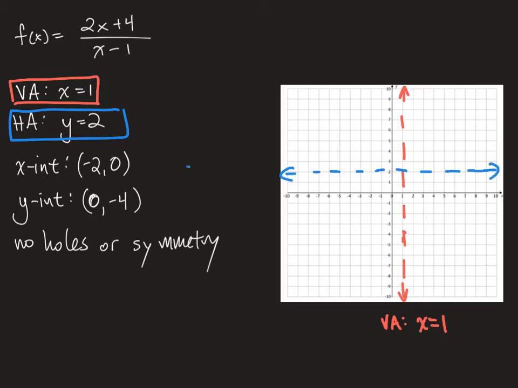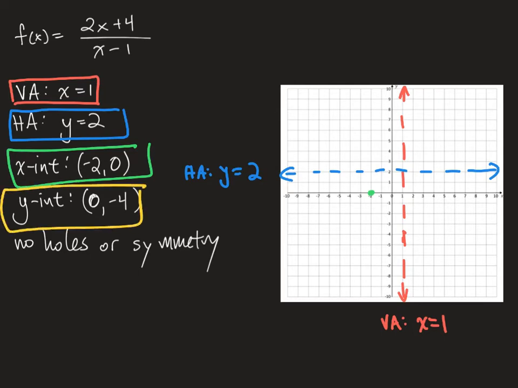I'll label that HA y equals 2. You can put the x-intercept on the coordinate plane. You can put the y-intercept on the coordinate plane. And there are no holes or symmetry, so we don't have to worry about that. And we can get to drawing the asymptote hugging curve in a moment.